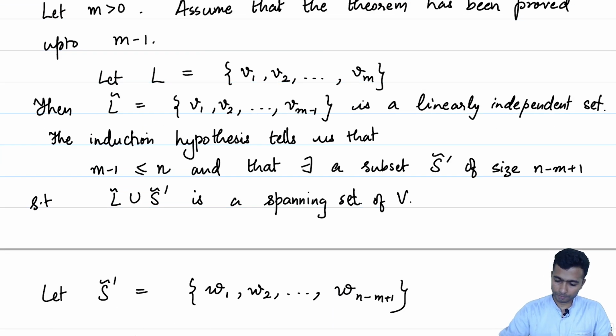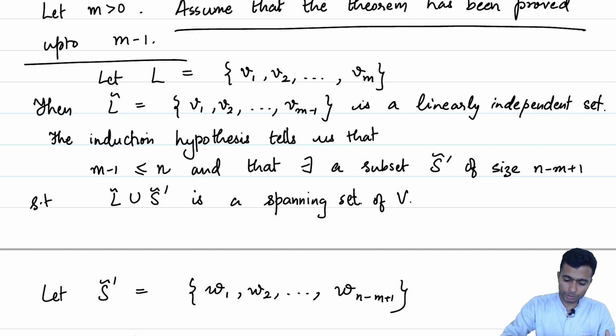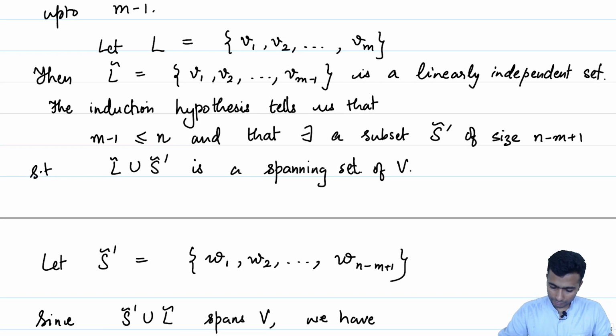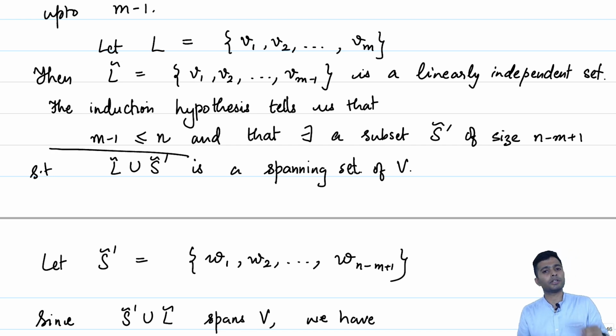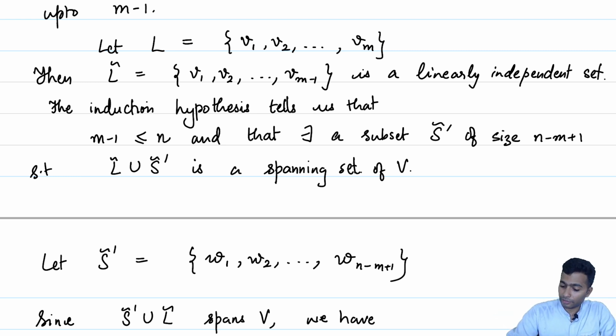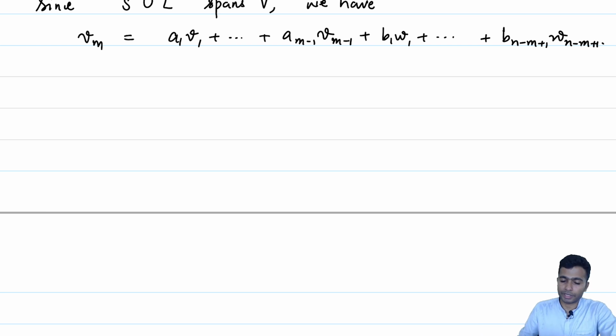The moment we considered L tilde, we have m minus 1 already less than or equal to n. Let us prove that m minus 1 cannot be equal to n. If m minus 1 is equal to n, let us arrive at a contradiction, and that would force m to be less than or equal to n.